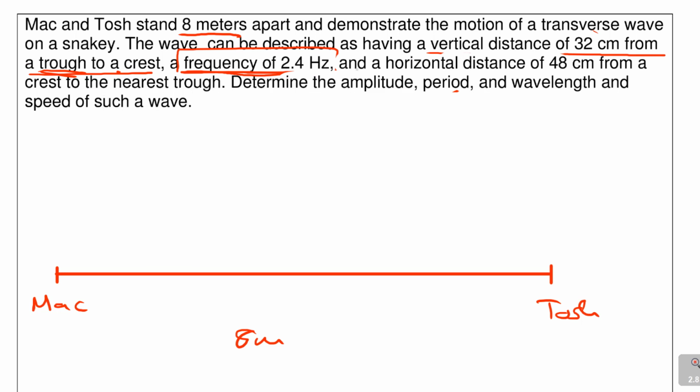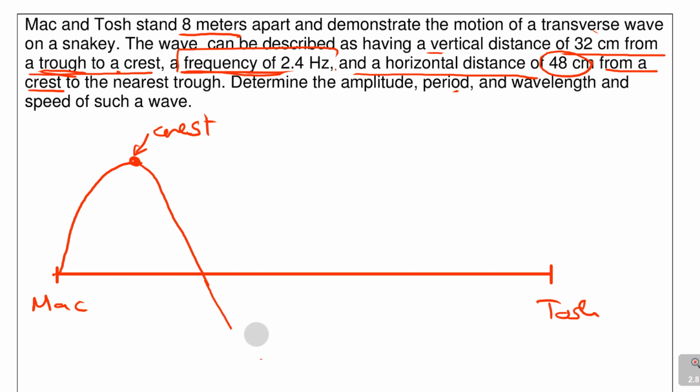If I move a horizontal distance of 48 centimeters from a crest, so if I move from here and do this, this is my crest, remember, and then they say from the crest to the nearest trough. So let me erase that 8 there. Let's go to the nearest trough. From the crest to the nearest trough, there is the trough.